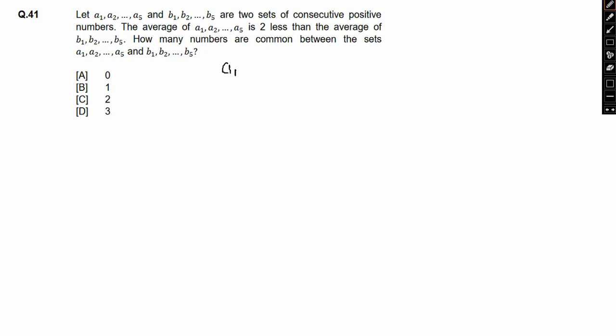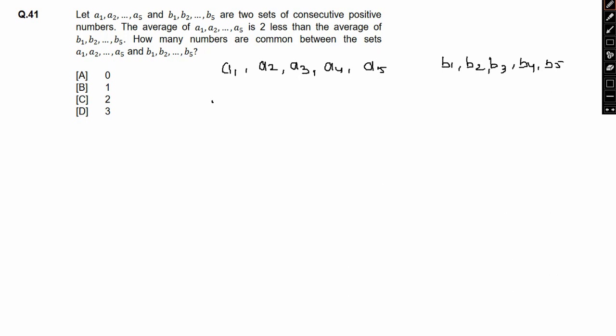We have one set A1, A2, A3, A4 and A5. These are our first set, and another set being B1, B2, B3, B4 and B5. So these are all positive numbers, consecutive positive numbers. Now it was given that the average of the A series is 2 less than the average of the B series.